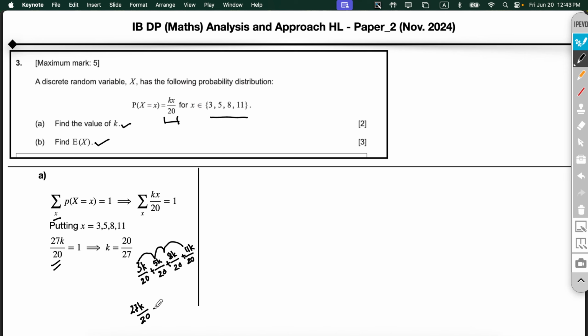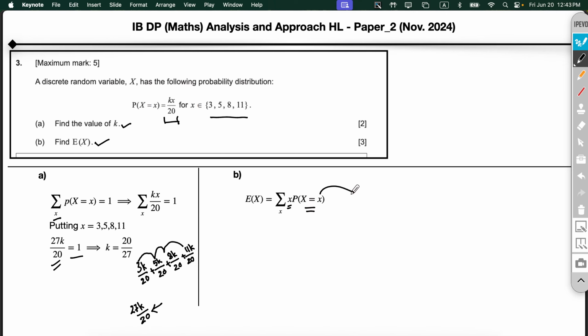This is the total probability, and this must be equal to 1. So you can easily find the value of k to be 20 divided by 27. That's the answer to the first part. Now, in order to find the expectation value of x, instead of just summing the probabilities, each time you have to multiply the corresponding value of the variable with the probability.